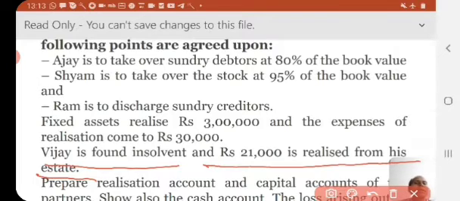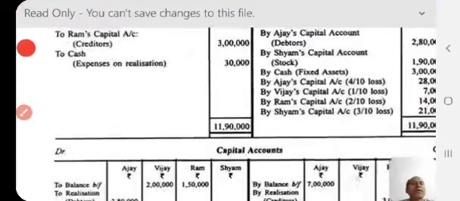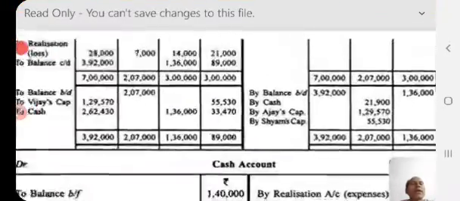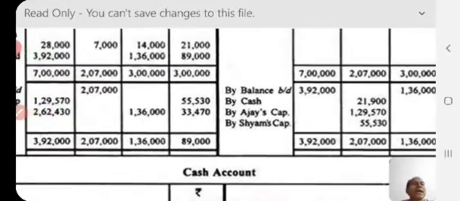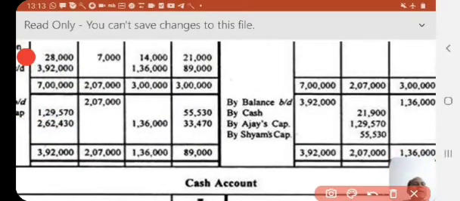This is the most important. So, in this capital account, a cash of 21,000 is collected, is received, is realized from the estate of this insolvent partner.